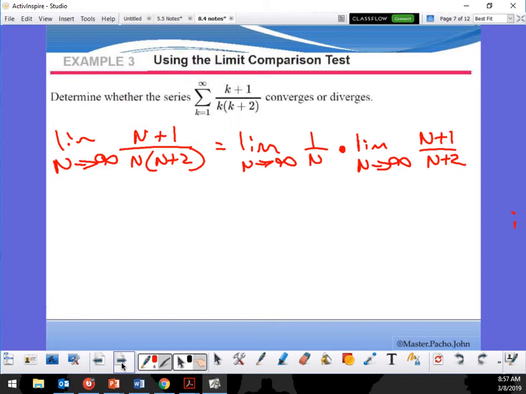Let's do 1 over n. So I'm going to compare it to 1 over n, times n plus 1. Dang it. Brain work.